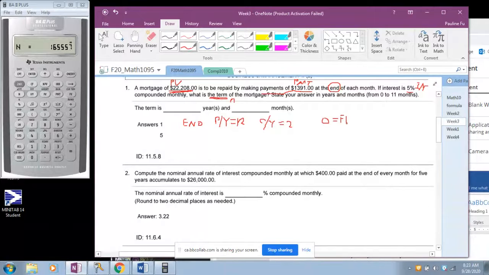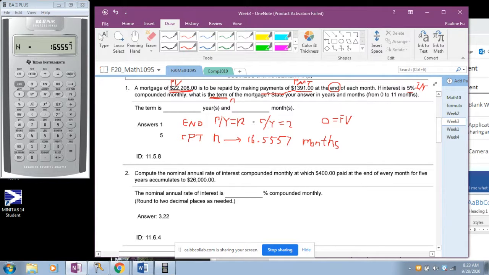You need to enter 4 numbers. Future value is 0. Final step, you compute N, CPT N, and you get the number. And the unit for this number is months.